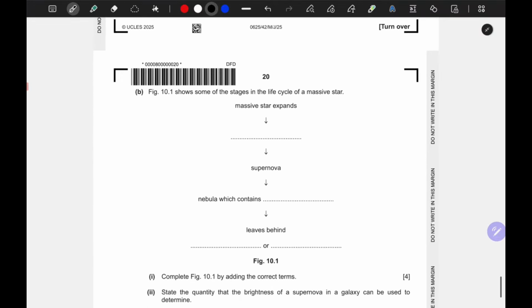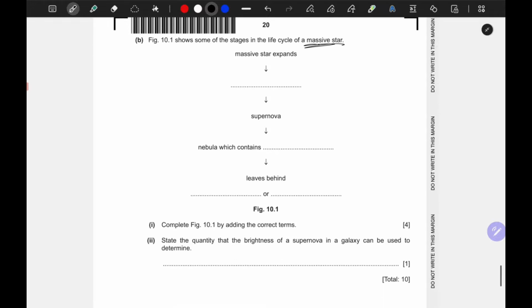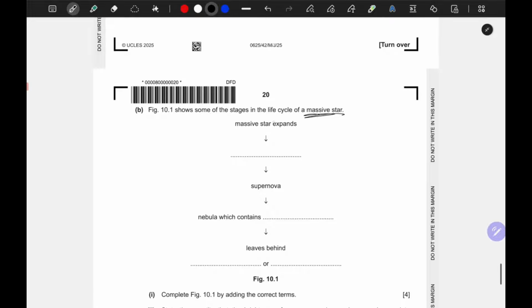Okay, Figure 10.1 shows the stages in the life cycle of a massive star. Key point, massive star. Complete Figure 10.1 by adding the correct terms. Okay, the massive star expands.